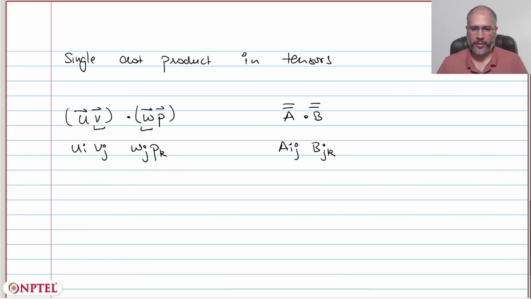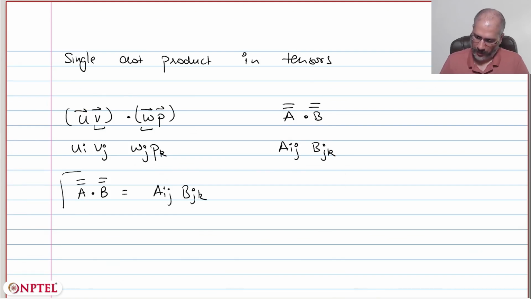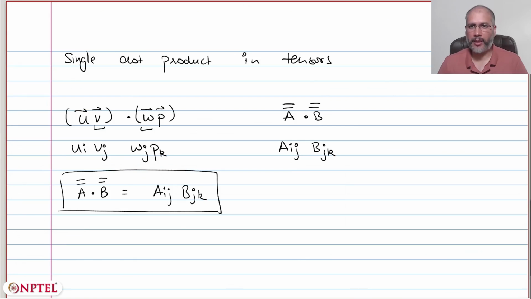This allows us to write the expression for a single dot between tensors A and B: A single dot B is nothing but Aij Bjk. Now you see that I'm mixing symbolic and indicial notation, but I'll allow myself this because expressing this purely using symbolic notation is quite difficult. And in this course, typically we'll want to work with indicial. So I'll allow myself this just to explain the definition of the single and double dot products dealing with tensors.